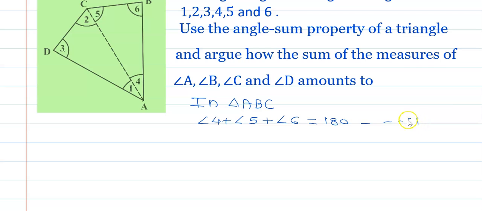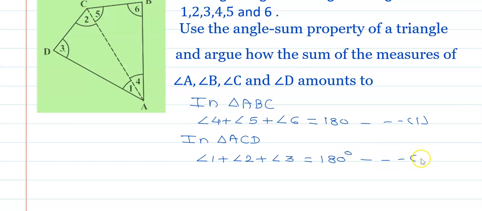This is the first part. Again, in triangle ACD, what is happening? Angle 1 plus angle 2 plus angle 3 is also equal to 180. This is the second one.